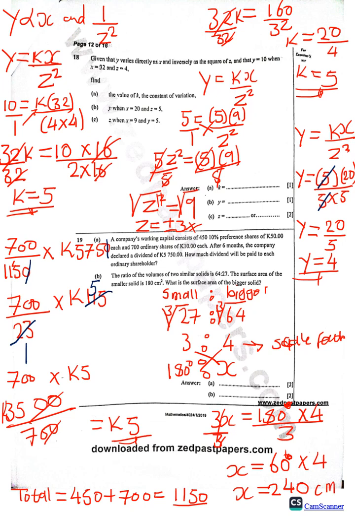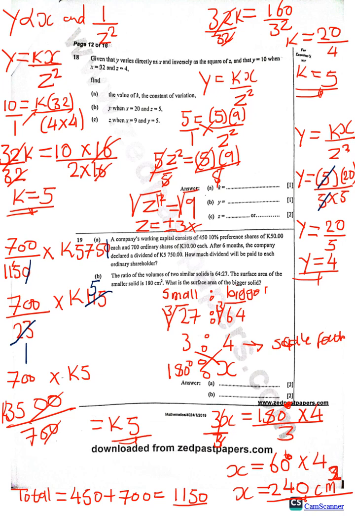So the area for the bigger one is 240. It's making sense because 240 is greater than 180.